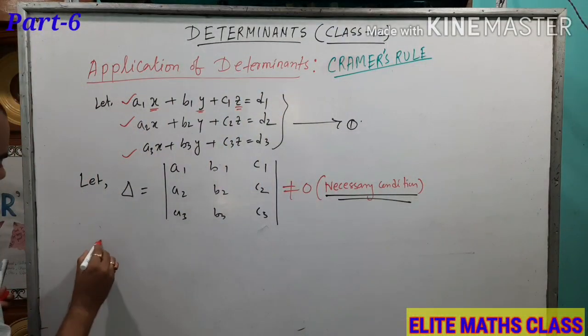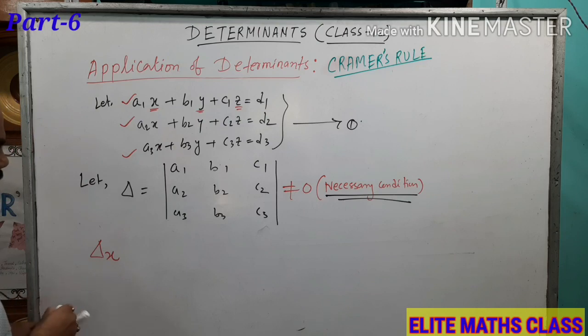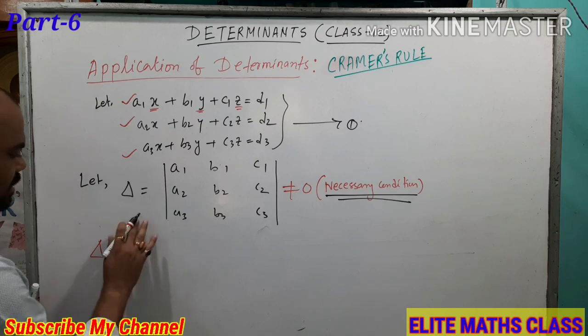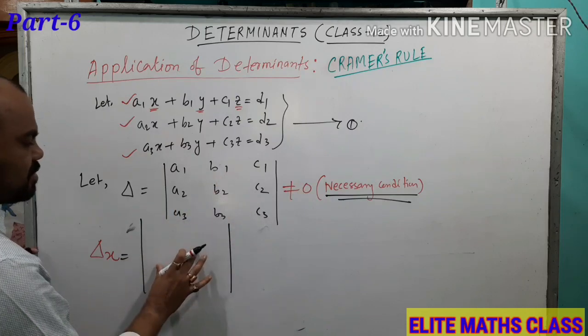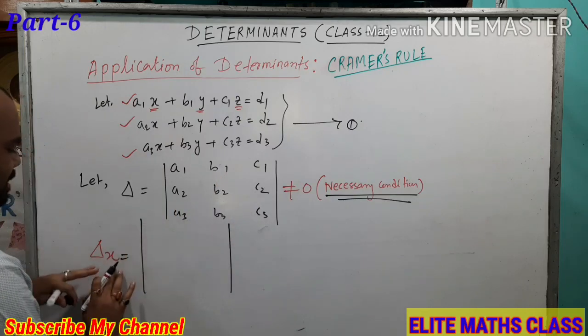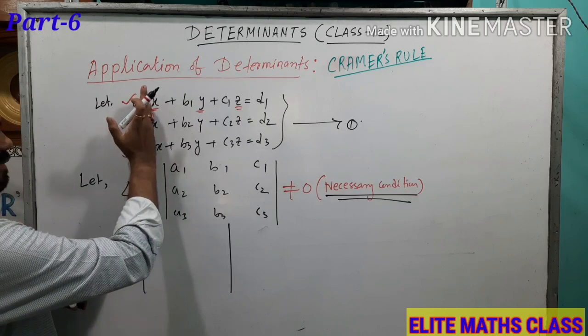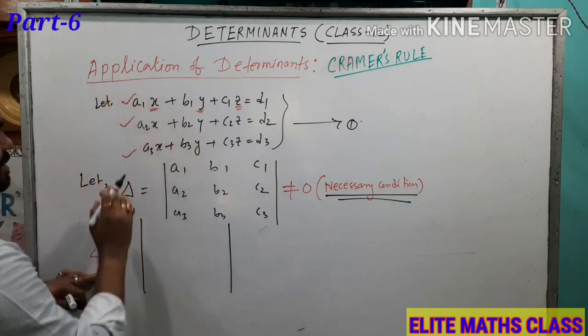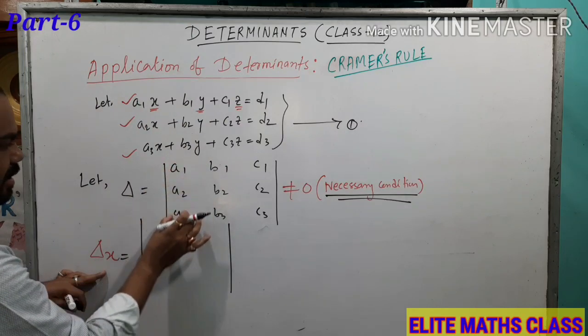Next, we have to form another determinant, give it the name del x. Now see how this determinant is formed. Del x is exactly similar to this one. Now what to do with x? X here means we are forming this determinant to get the value of x. These are the coefficients of x of all the equations.